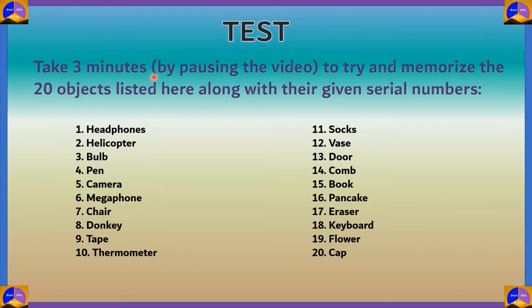Take 3 minutes by pausing this video to try and memorize the 20 objects listed here along with their given serial numbers. 1 headphones, 2 helicopter, 3 bulb, 4 pen, 5 camera, 6 megaphone, 7 chair, 8 donkey, 9 tape, 10 thermometer, 11 socks, 12 vase, 13 door, 14 comb, 15 book, 16 pancake, 17 eraser, 18 keyboard, 19 flower, 20 cap.